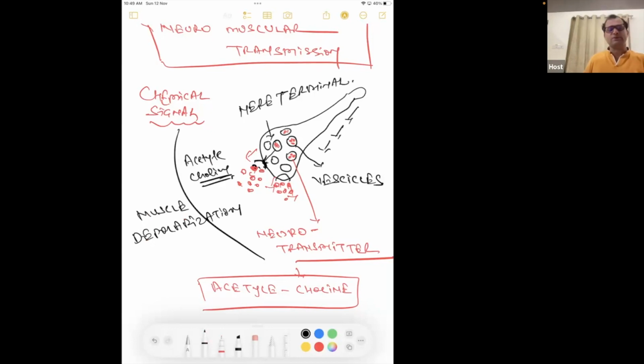So acetylcholine plays a very important role. In many diseases, this acetylcholine is decreasing.